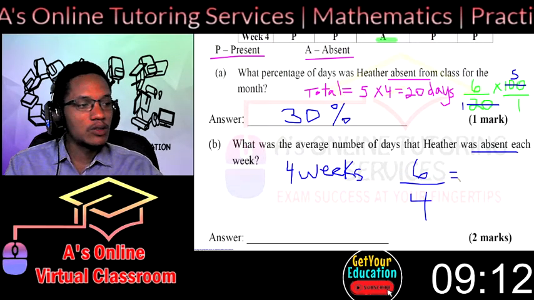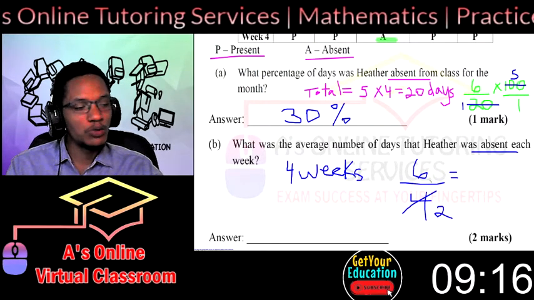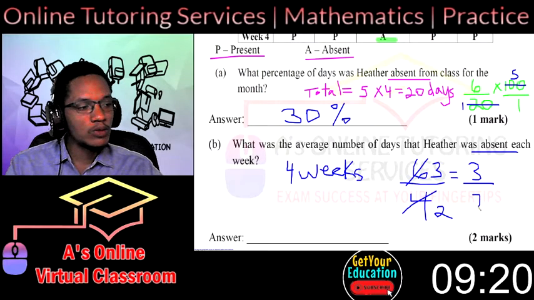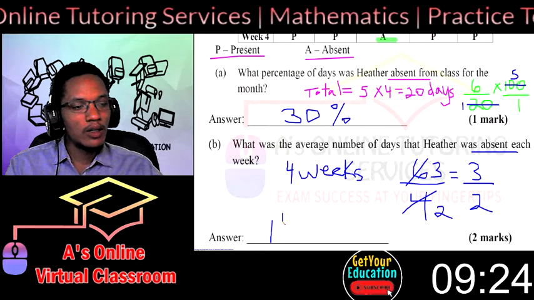So this, we could actually reduce this. 2 into 2 is 4. 2 into 4 is 2. 2 into 6 is 3. So we have 3 over 2. And 3 over 2 is 1.5.